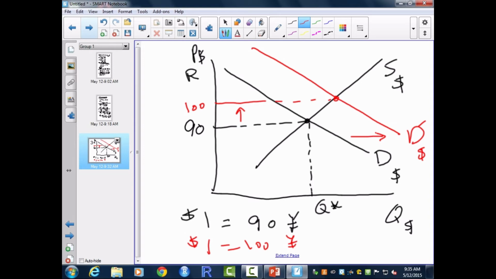You can play with this picture. Supply shift into the right, supply of dollar, we already talked about that. What is the supply of dollar a function of, right? Supply of dollar is a function of our income, for example. So if our income goes up more than the Japanese go up, then we would want to buy more Japanese yen, and then our supply of dollar in the market would go up. And that way, supply would shift to the right.